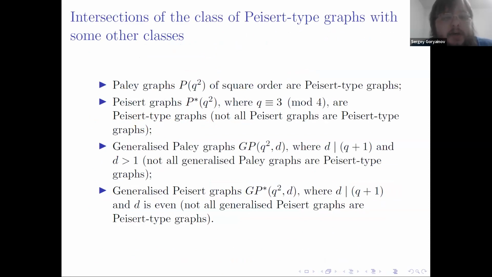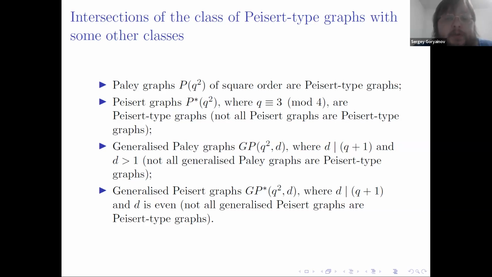Let us discuss how the class of Peisert-type graphs intersects with some well-known infinite families of graphs defined on finite fields.